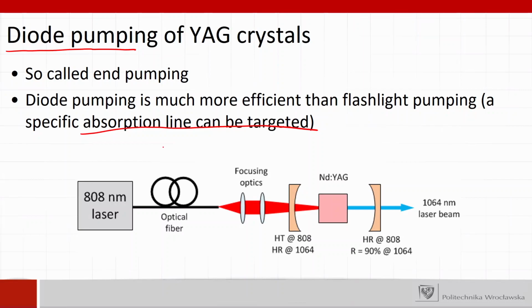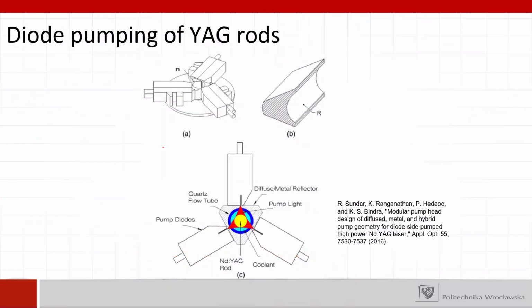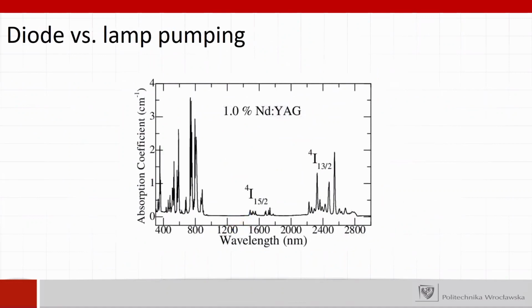Okay, I think I have it somewhere on the slide. If we compare the flash lamp pumping with diode pumping, you will see that the flash lamp covers a very broad range of wavelengths, right?